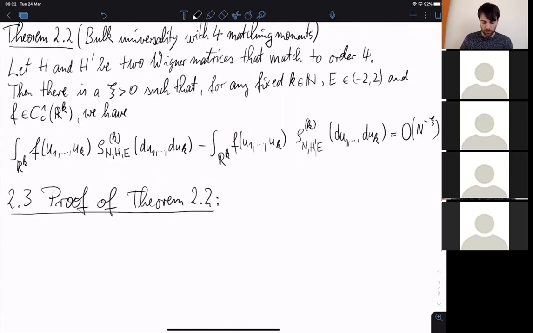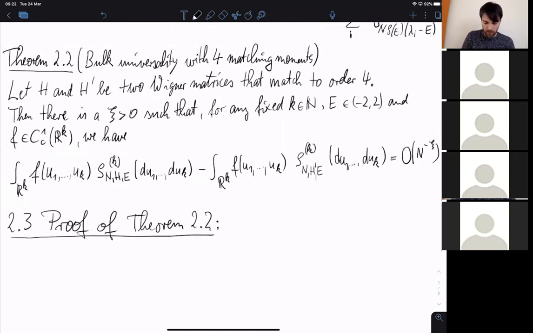So we wanted to write these two quantities in such a way that we can write it as a telescopic sum by comparing it. And in this telescopic sum, we want to successively replace one entry of h by one entry of h prime, and then step by step control this error, and then sum up all of these error terms.